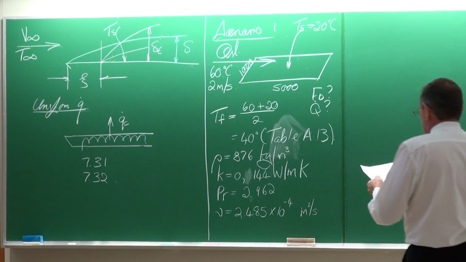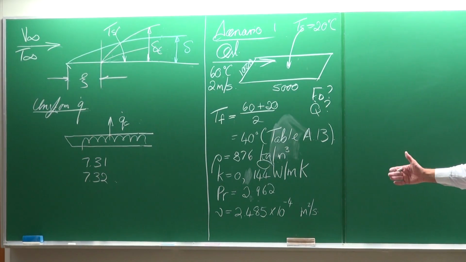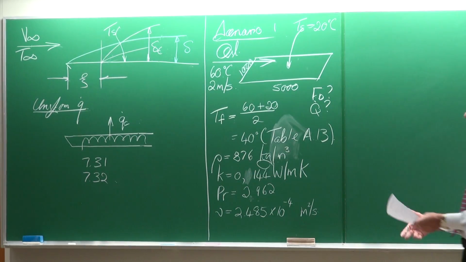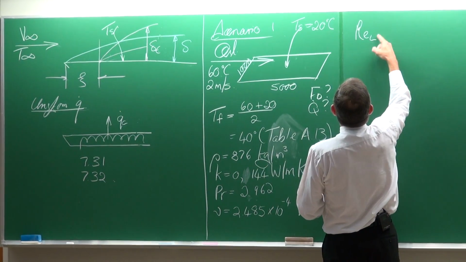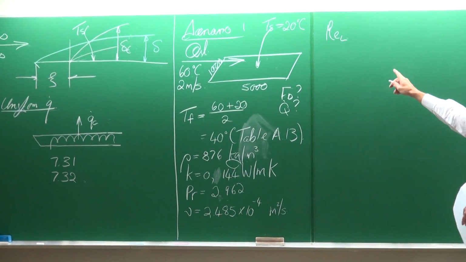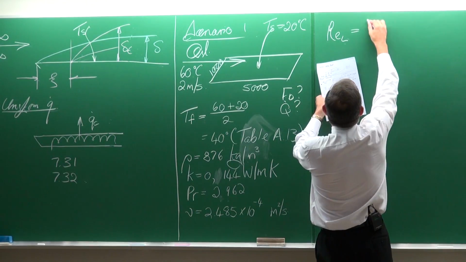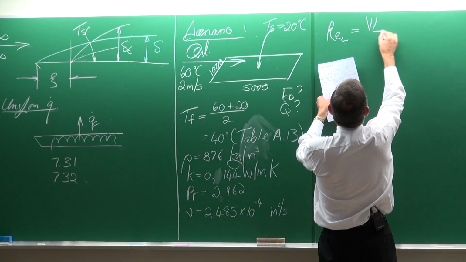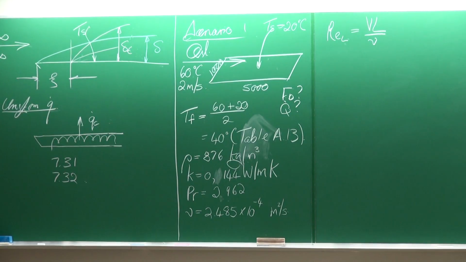Okay. So the thing that we always need to do in these types of problems when we work with convection is to know the Reynolds number. The Reynolds number we are going to base on the length of the plate. That is why I use a footnote there, L. And that would be equal to the velocity multiplied by the characteristic length divided by the kinematic viscosity.